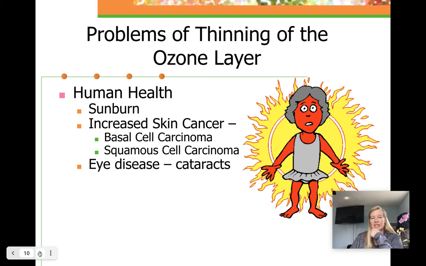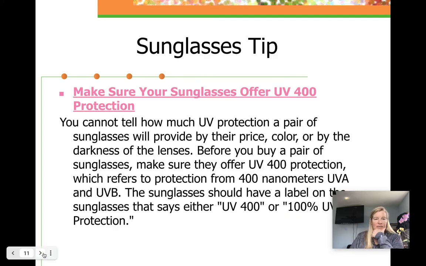Also in humans, you're going to see more eye disease, in particular cataracts. They suggest you wear sunglasses with UV 400 protection so that it blocks everything out.